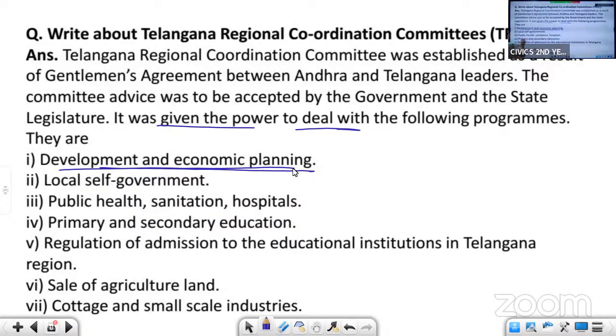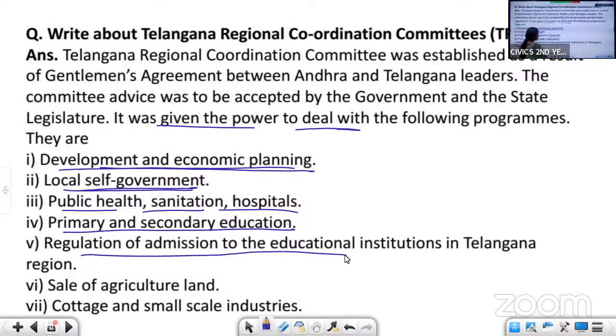Then it will also look into the functioning of local self-government in the Telangana region, public health, sanitation, hospitals, primary and secondary education. Then regulation of admissions to the educational institutions in the Telangana region, sale of agricultural land, then cottage and small scale industries.